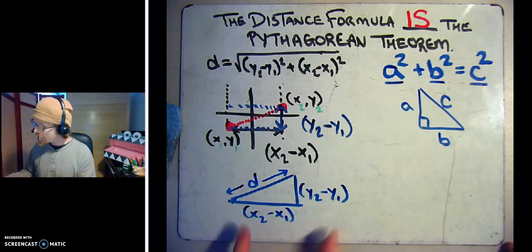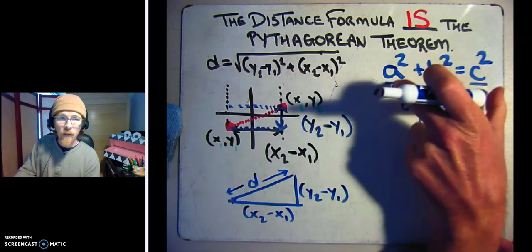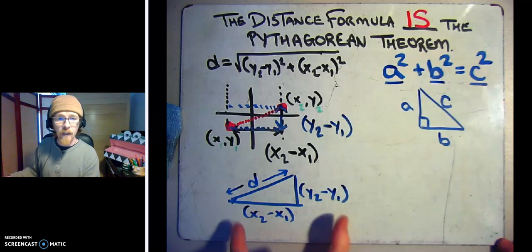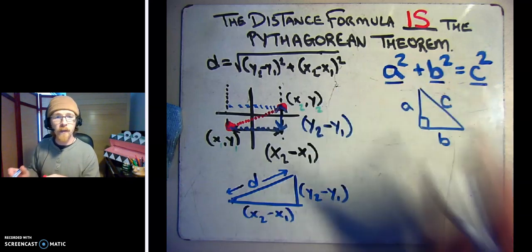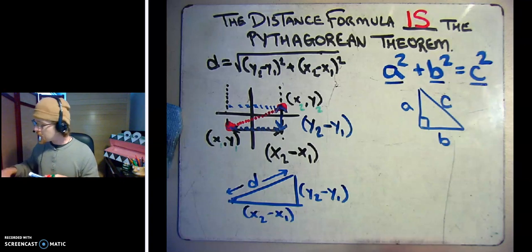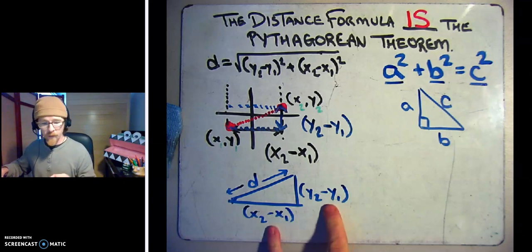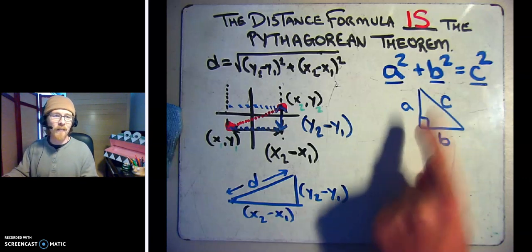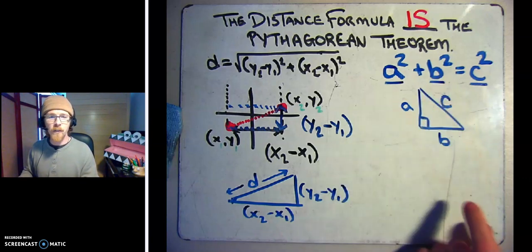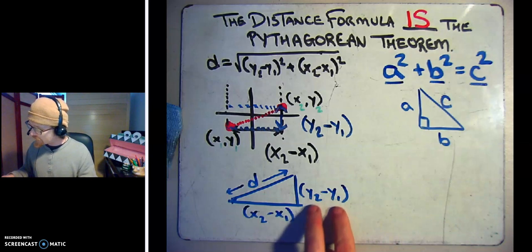So if we look at this distance formula, we can set this triangle up using the Pythagorean theorem, where a and b are now substituted with these values. Let's say a is the vertical side, y2 minus y1.